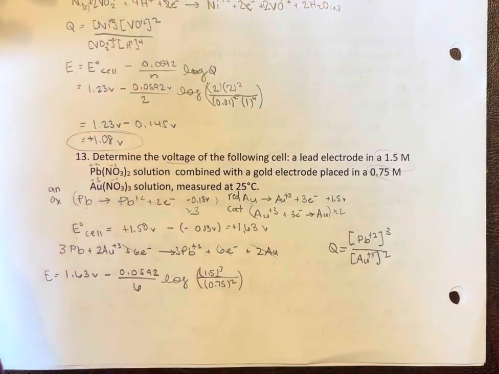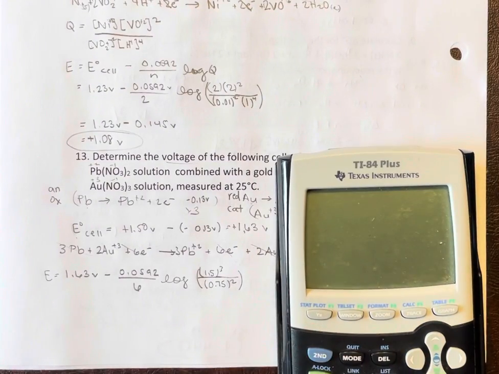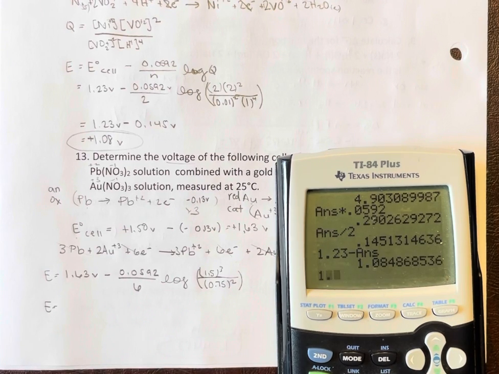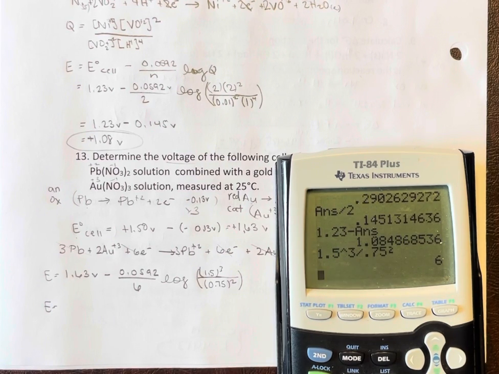Okay, just let the calculator do the hard work. So I'm going to start over here and work right to left. 1.5 cubed divided by 0.75 squared.